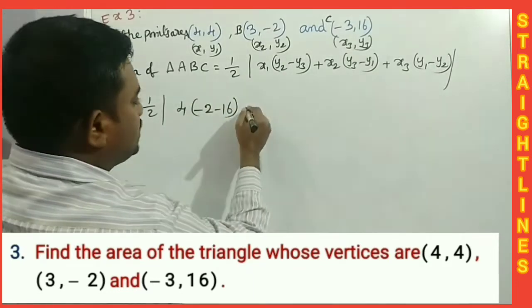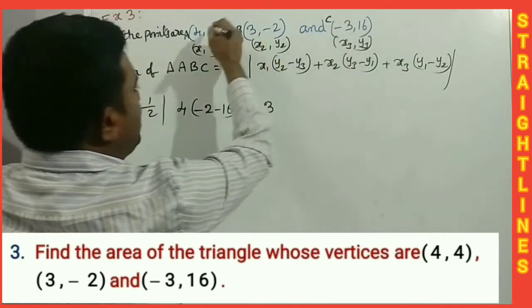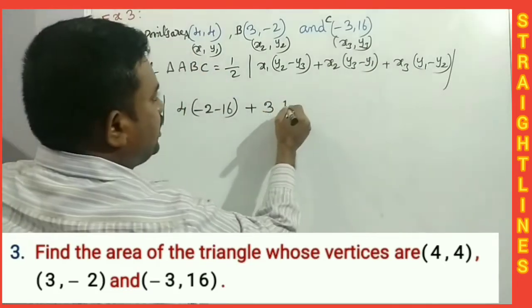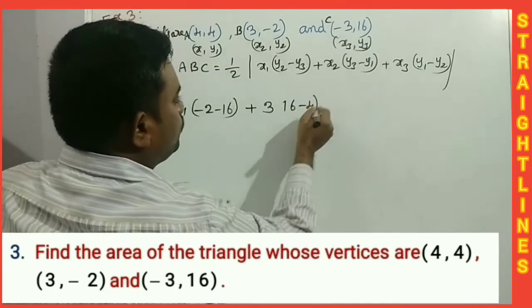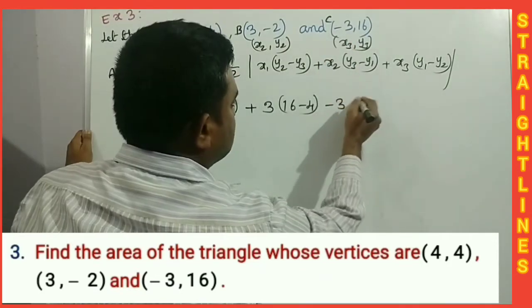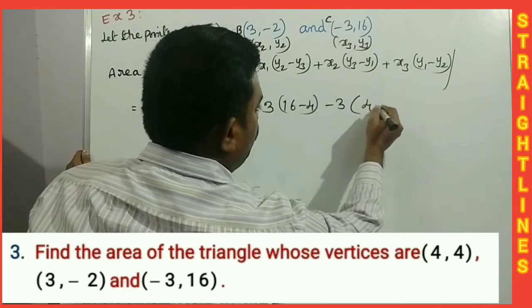Next plus x2. The x2 value is 3. 3 into (16 minus 4), y3 is 16 and y1 is 4. Plus x3. The x3 value is minus 3. Minus 3 into (y1 minus y2), 4 minus of minus 2, 4 plus 2.